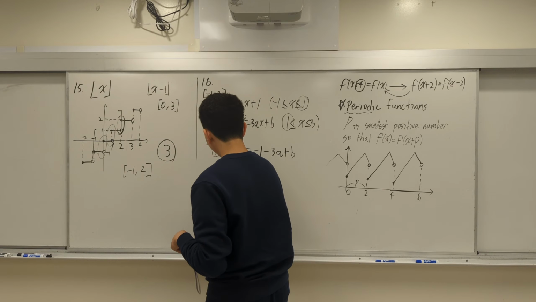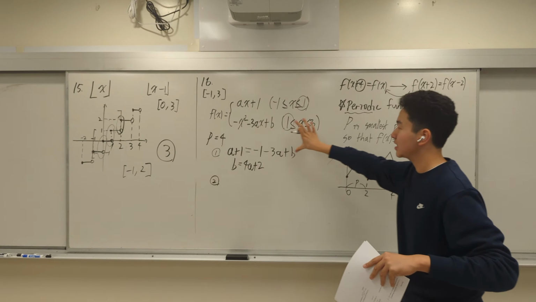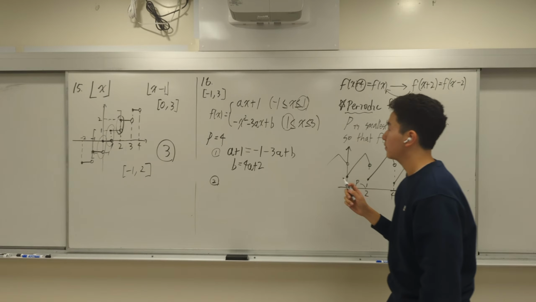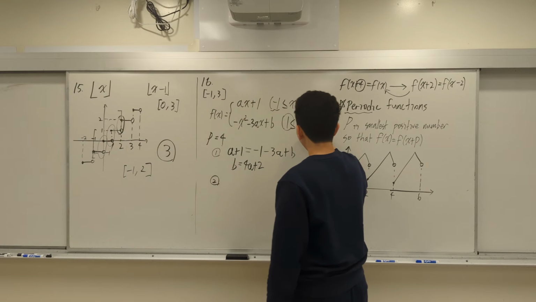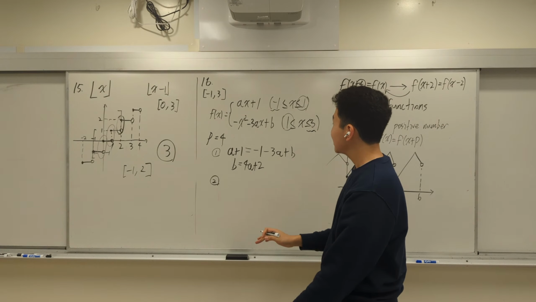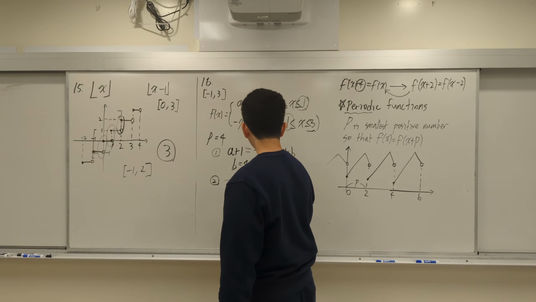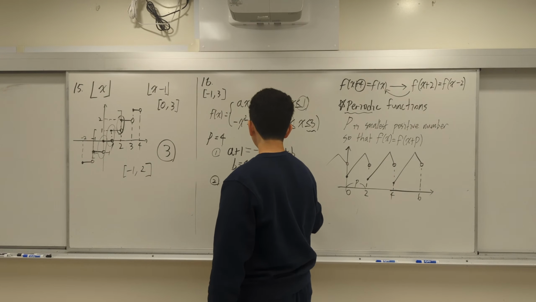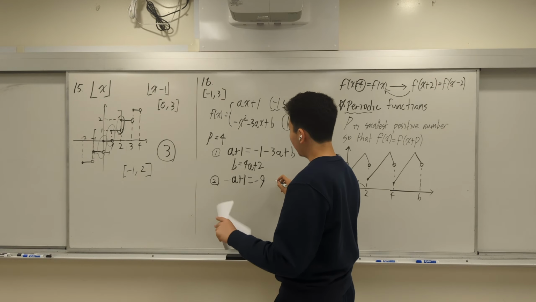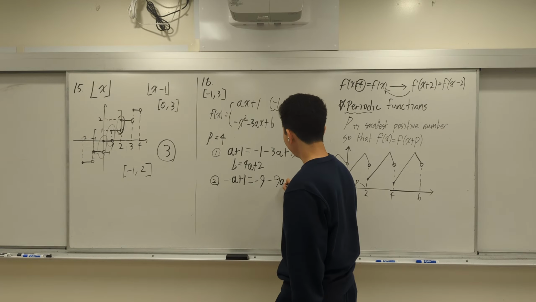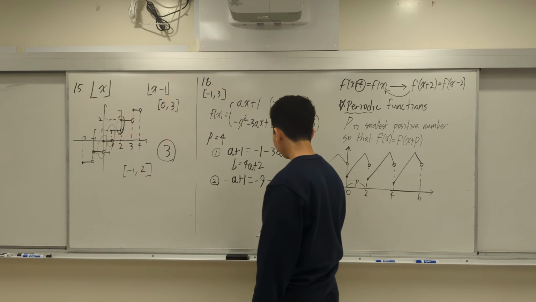Number 2 is the endpoints. The endpoints have to equal each other because this periodic function has to be continuous on the set of all real numbers. So the endpoint is at -1, and this one, the endpoint, is at 3. So we plug in -1 minus a plus 1 equals -9 minus 9a plus b. And now we know that b equals 4a plus 2.